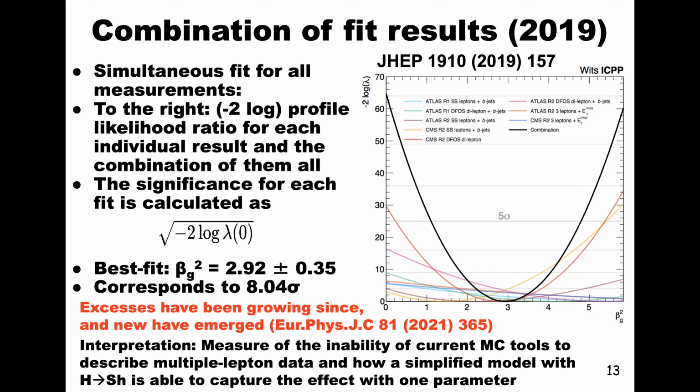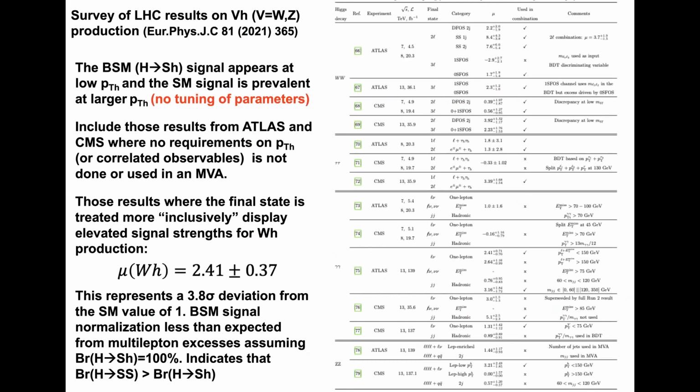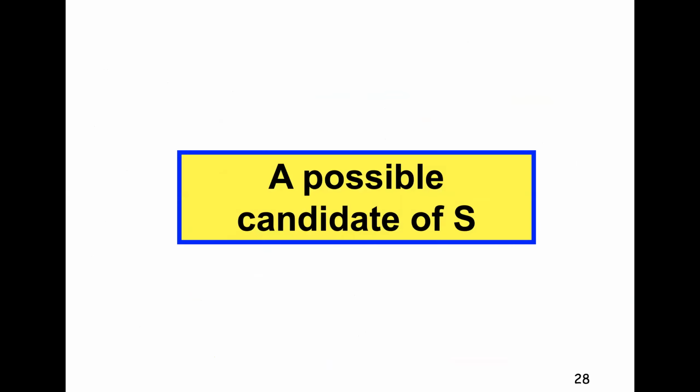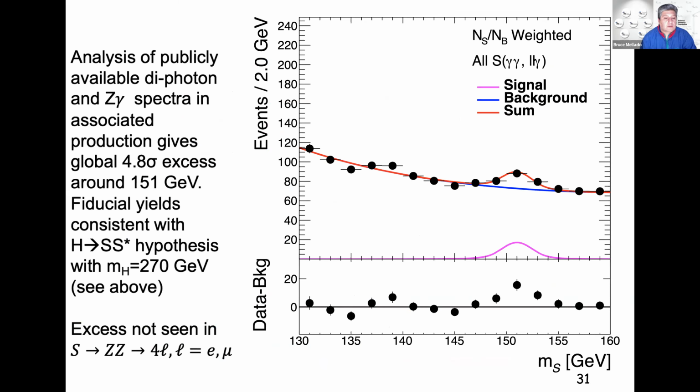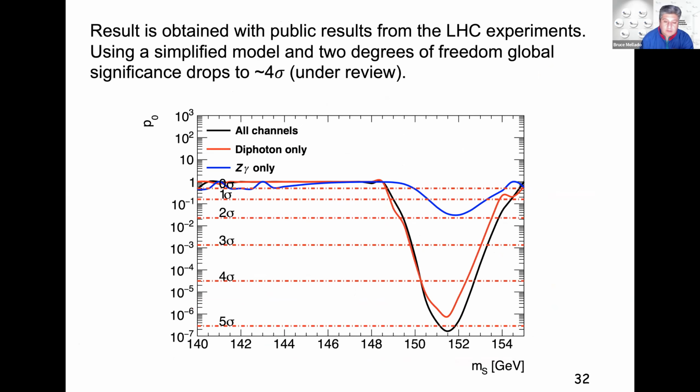You said in response to the referee's critique, you included a model and that dropped the significance to 4 sigma. I didn't quite get that. Right, so the global significance dropped. So the original p-value... Okay, the reasoning is the following.